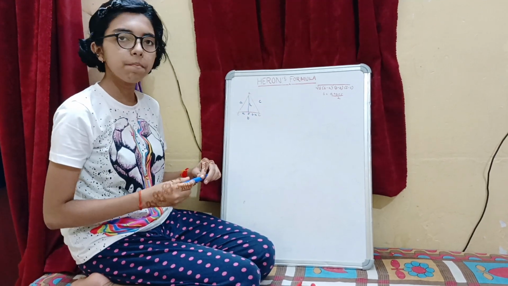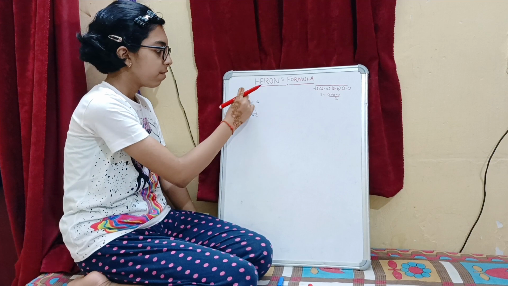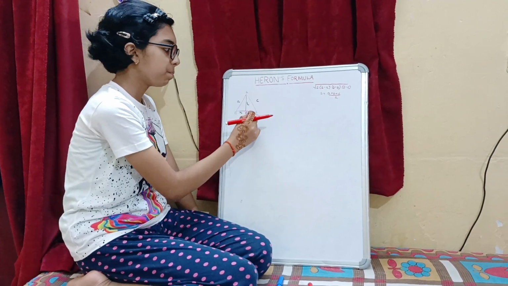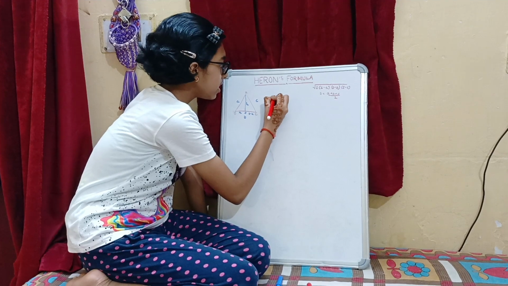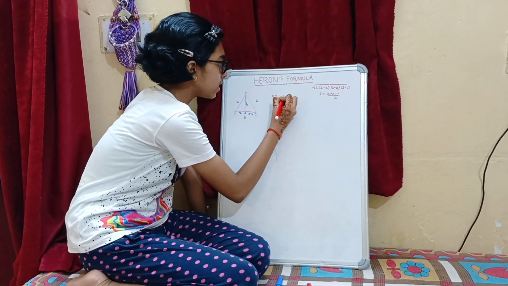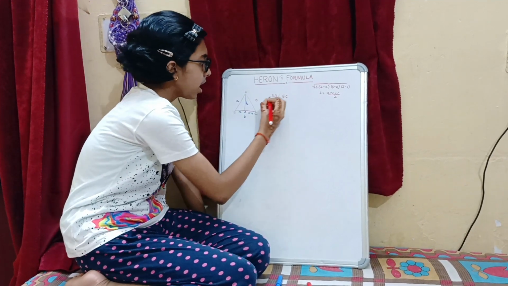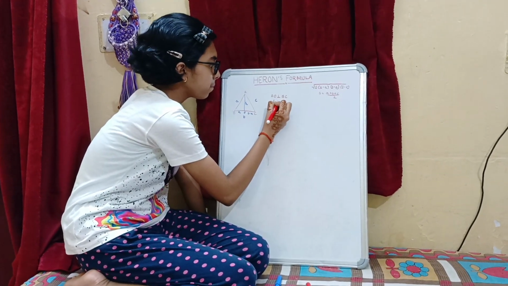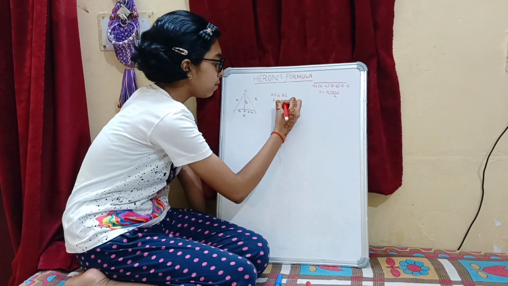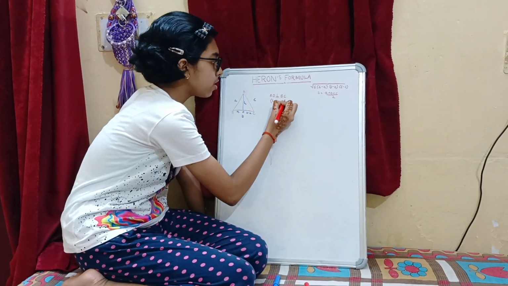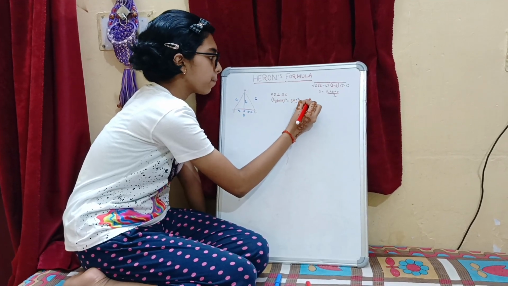Now let's start the proof. Here we can see two triangles, first is ADB and second is ADC. So in triangle ADB, AD is perpendicular to BC, where we will apply the Pythagoras theorem: hypotenuse square is equal to perpendicular square plus base square.